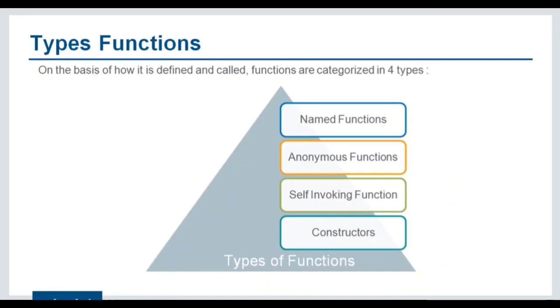Okay, now how do we write functions in JavaScript? Well, there are four ways of writing a function. Based on the way it is written or defined, functions are categorized in JavaScript. There are various ways of defining a function, various ways of calling that function, etc. So altogether there are four categories: named functions, anonymous functions, self-invoking functions, and constructors.